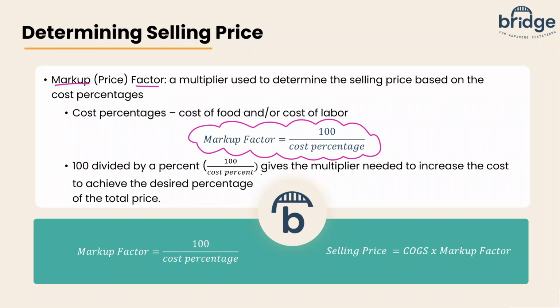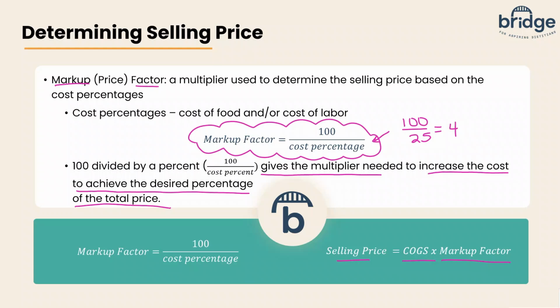By dividing 100 by that percentage, we get a number that scales up the cost to reach the full price. So let's say our food and labor cost is 25% of the final price. That means the remaining 75% covers other expenses and profit. If we divide 100 by 25, we get a markup factor of 4. That tells us we need to multiply the cost by 4 to reach our selling price.